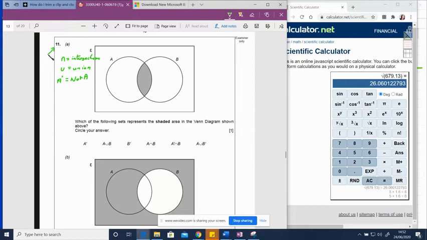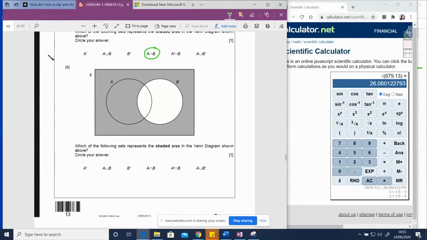So first part of the question, which of the following sets represents the shaded area in the Venn diagram above? So this shaded area here is the intersection between A and B. So if we look at the options, here we have A intersection B. That's the only one that'll fit.